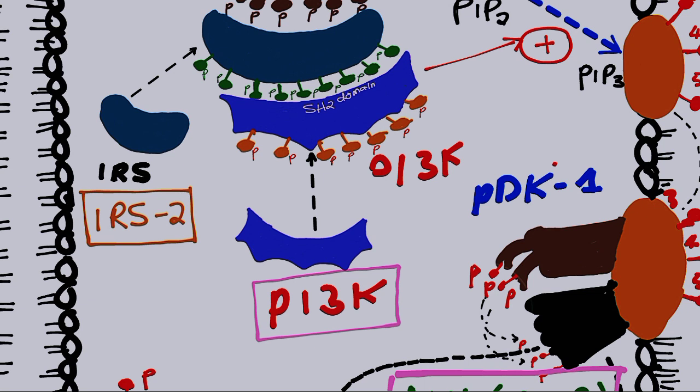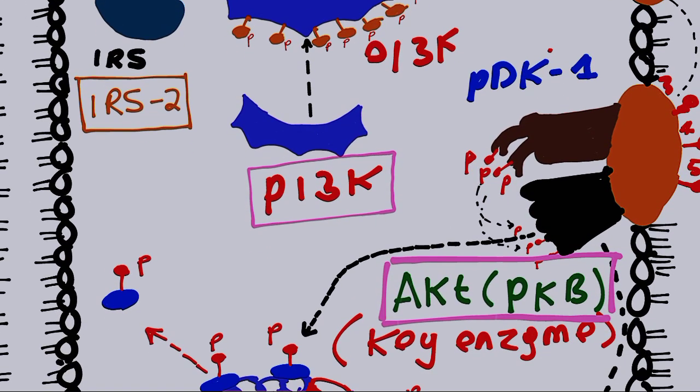Now when you form PIP3, let us look at PIP3 and see what it's doing. So we have got PIP3 right there. This is the one that I've drawn right here. It has phosphate groups at carbon number 3, 4, and 5. Now, this PIP3 is going to act as a docking site. What do I mean? Two enzymes are going to come, PDK1 and another enzyme that we call AKT.